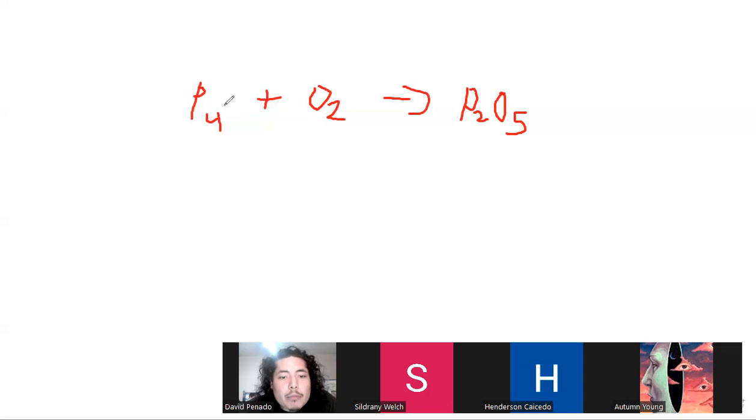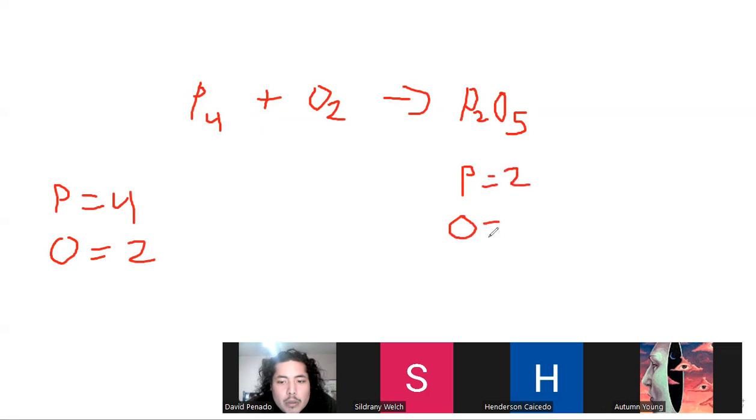And the other side is P equals 2 and O equals 5. All right, so I'm gonna start on my right side. O is 5.